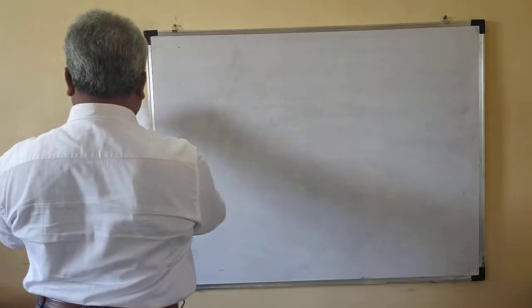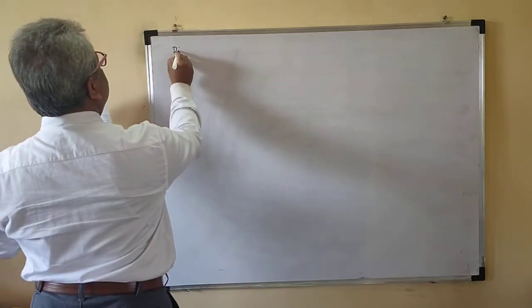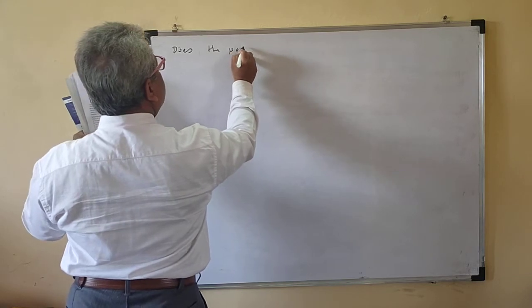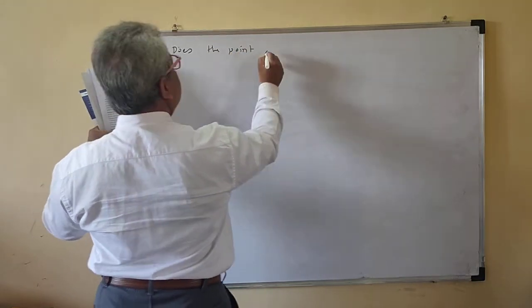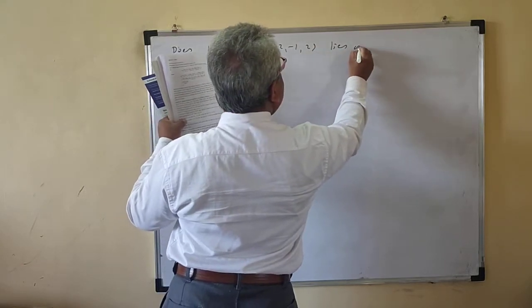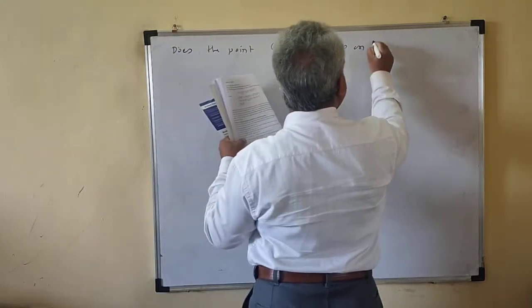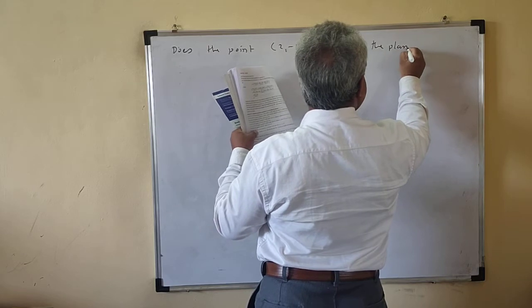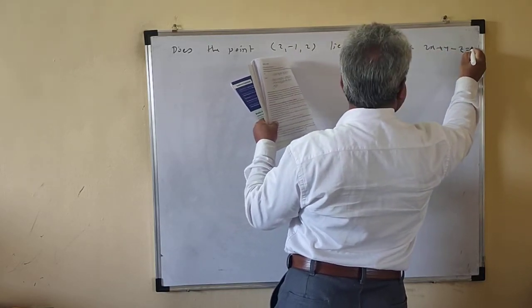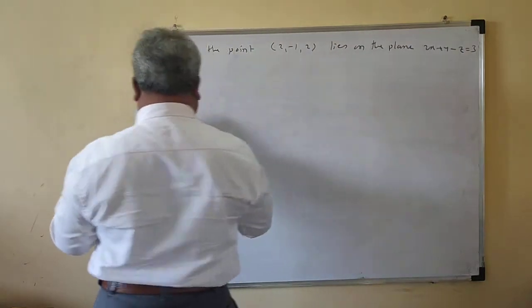We'll take a problem. Does the point (2, minus 1, 2) lie on the plane 2x plus y minus z is equal to 3?